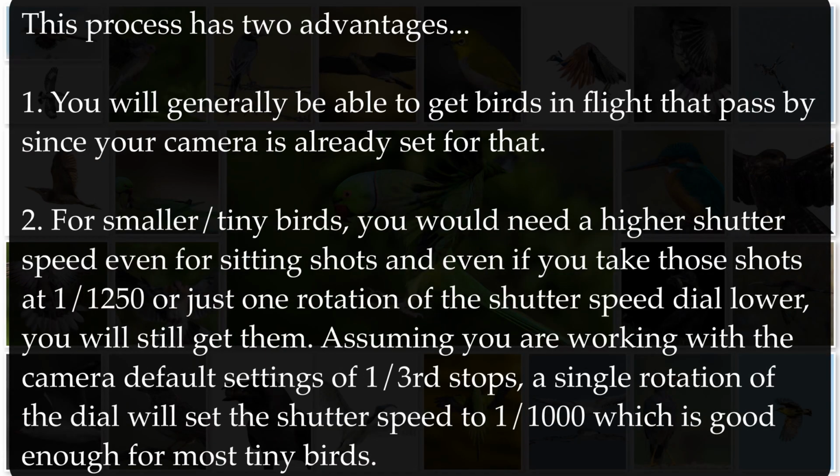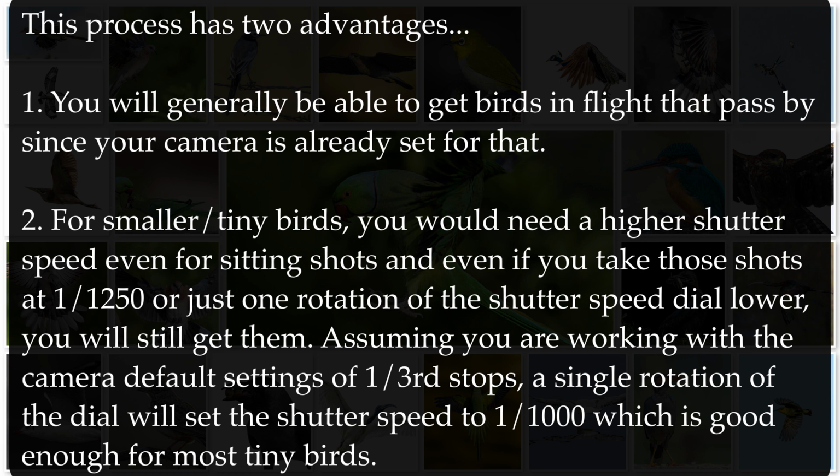This process has two advantages. You will generally be able to get birds in flight that just pass by since your camera is already set for that. For smaller or tiny birds, you would need a higher shutter speed even for sitting shots because they are flittery.